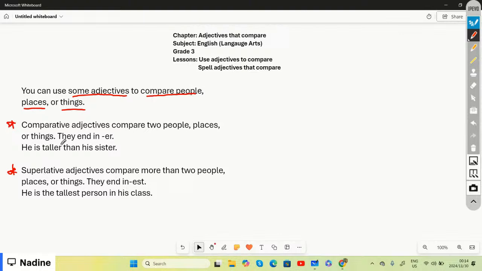When it comes to comparative adjectives, the name already gives us the idea that we are comparing.